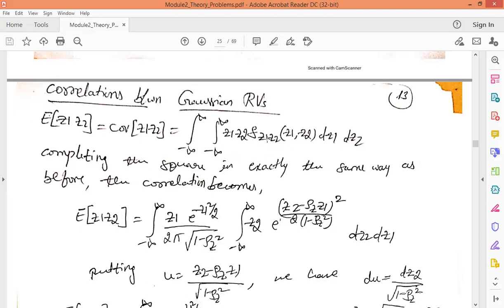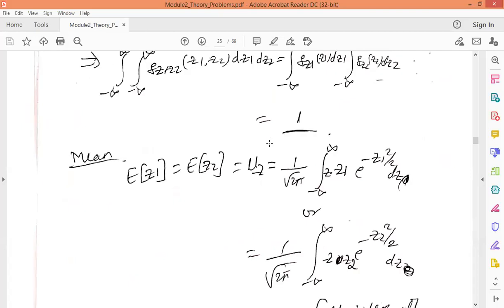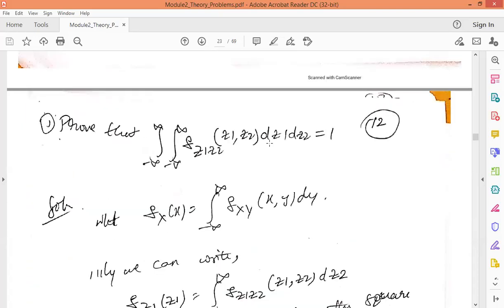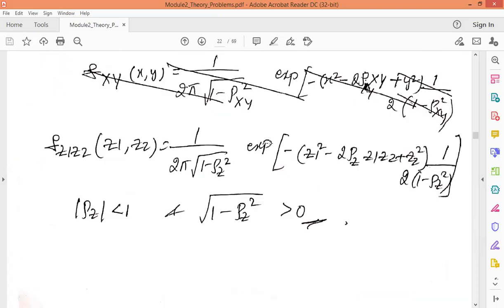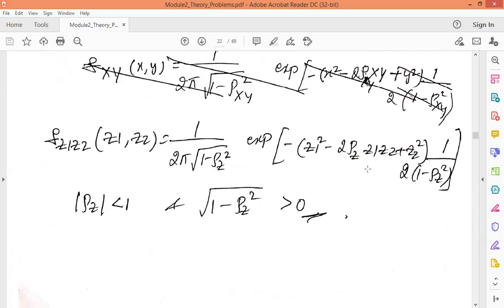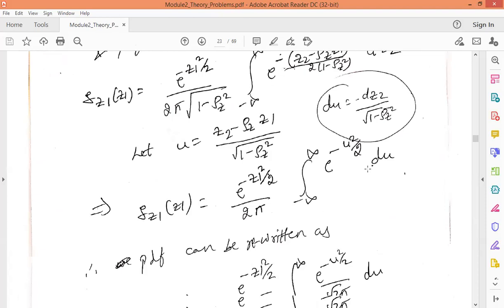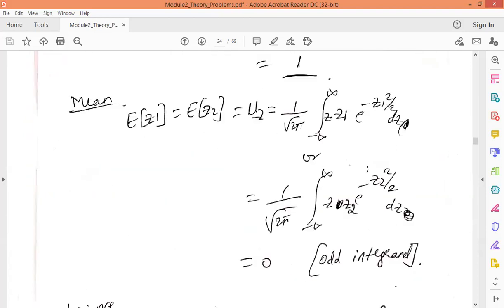Here we have the definition of the Gaussian bivariate PDF, which can be split up or rewritten using the technique of completing the square.